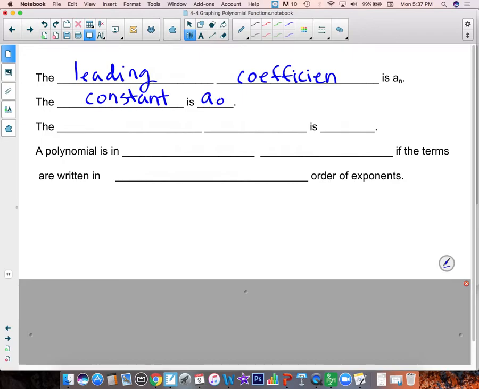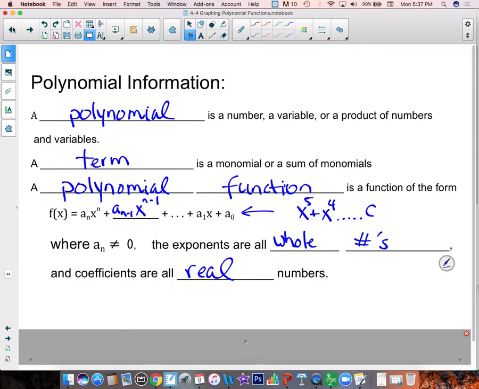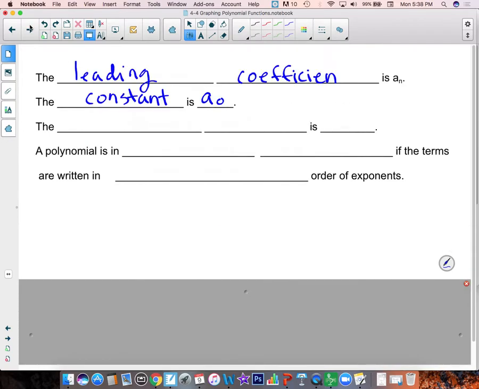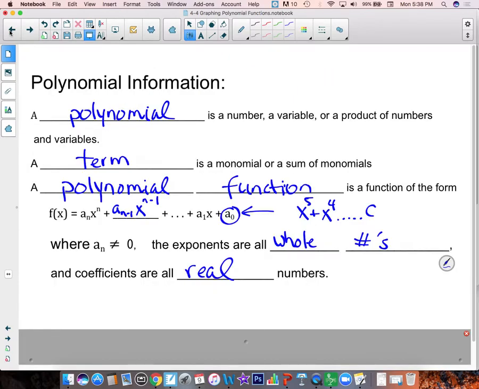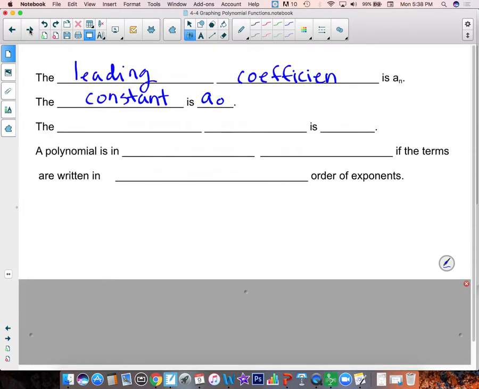Remember, that number in the back end we could also say is our y-intercept for a polynomial. That one right there is your y-intercept. Then the rest of those just kind of fill into place.